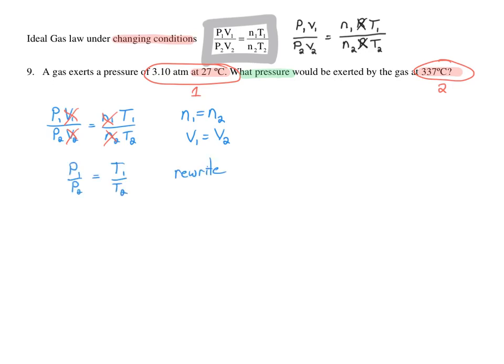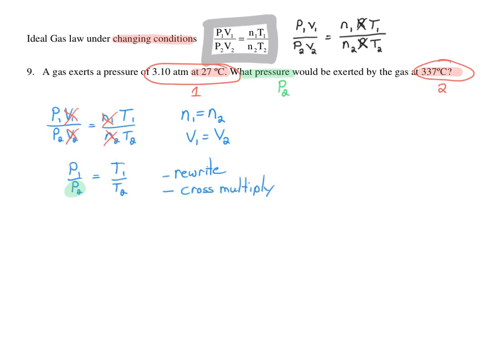Now all I did was rewrite this equation so it didn't look so messy. Now again, the question asked what pressure exists at this temperature. So this is going to be P2, and we're going to solve our equation here for P2. The easiest way to do this is to cross multiply.